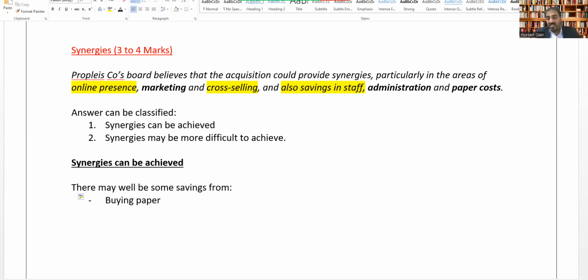We can generate the cost synergy by buying paper in bulk quantities, and could lead, complete the sentence, could lead to getting a good discount.